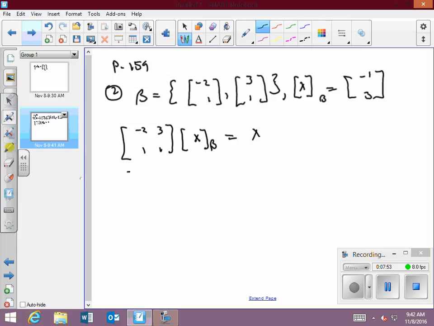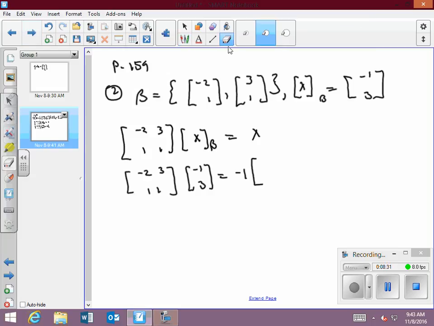So this is essentially going to be minus 1 times that first vector, because that doesn't write it out the way I've written it out.